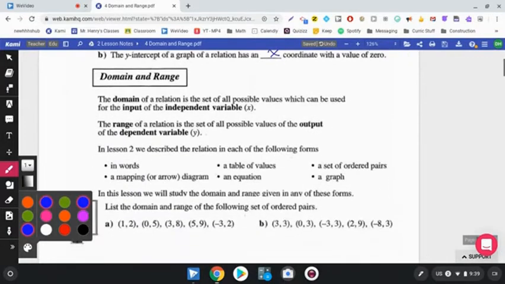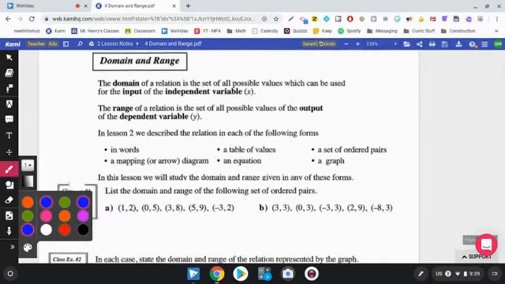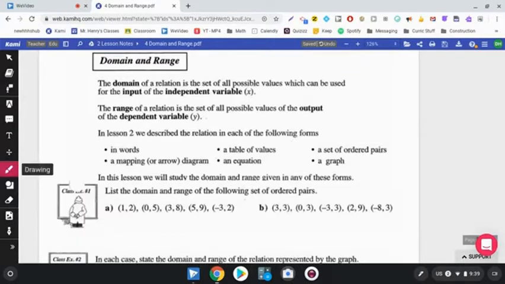Okay, here is what we're actually doing today, domain and range. I'm going to read the definitions, and then I'll talk about what that means and how we can find that. So the domain of a relation is the set of all possible values that can be used for the input of the independent variable. What that's saying is the domain is what x's can I have?